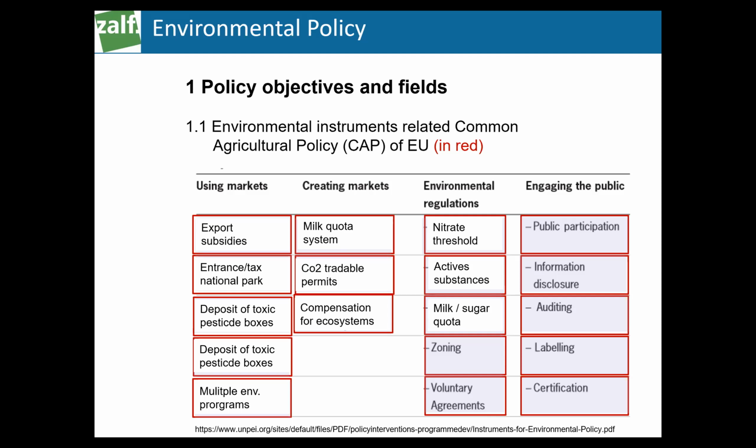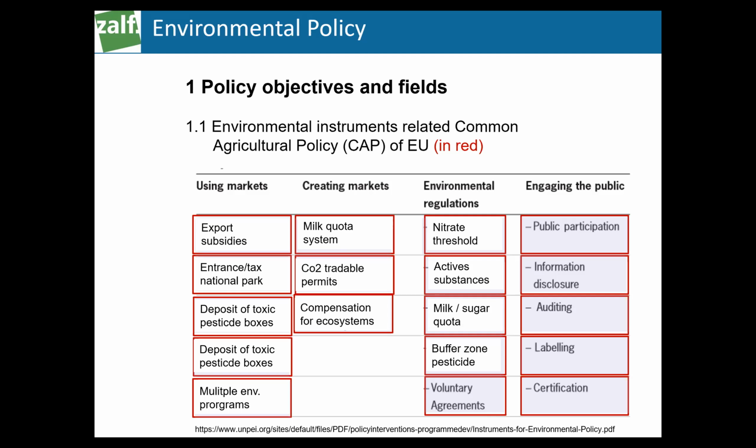Permits and quotas: milk and sugar quota. The sugar quota was also there, but it is phased out. That means everybody can now produce sugar beets, but at a lower price, and it is less attractive for most farmers.